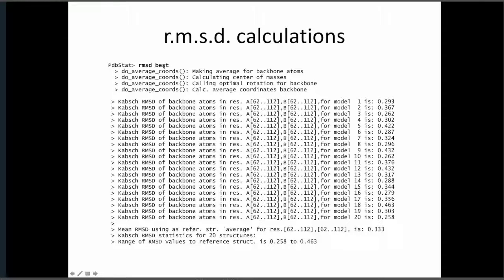And this best will make the program remember whatever it already defined as the well-defined range, and it will provide you the r.m.s.ds for every single residue and then some averages at the end. This is an old slide, right? In the last version that I am working on, it will show an asterisk pointing to the medoid, or most representative model. So it will also provide you with the most representative in the sample.